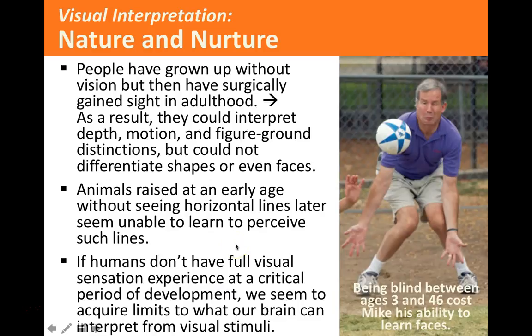So there are critical periods of development that are necessary to have vision during in order for certain kinds of, shall we say, visual perceptual skills to develop. So nature's involved. We've seen some of the stuff that seems pretty much built in, but nurture plays a role, to quite an extent.